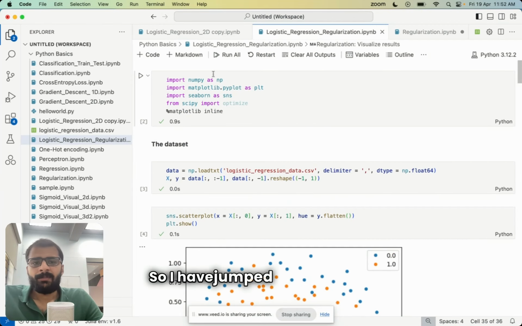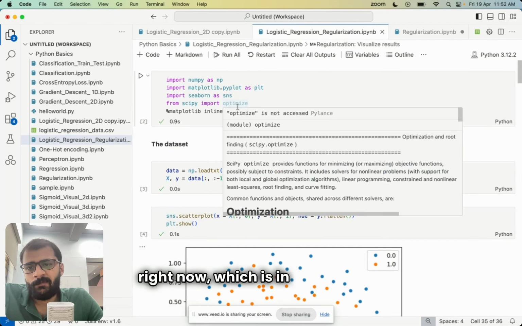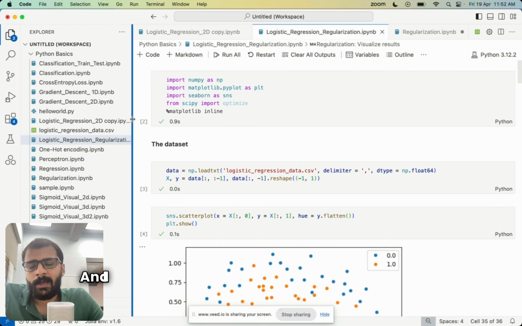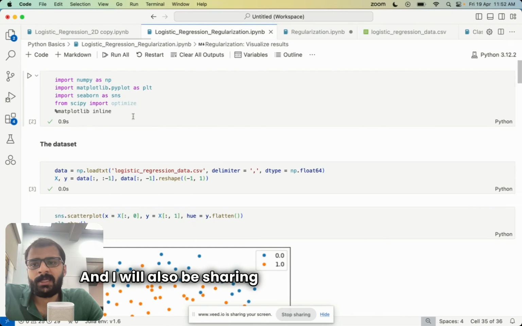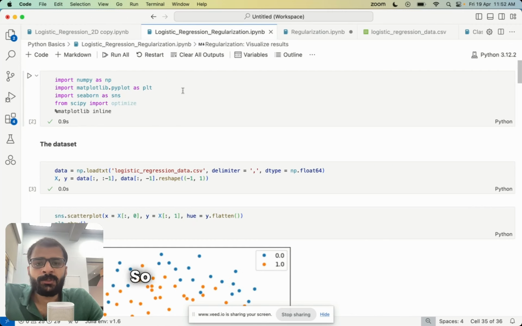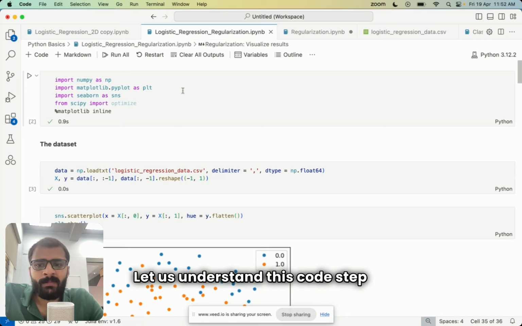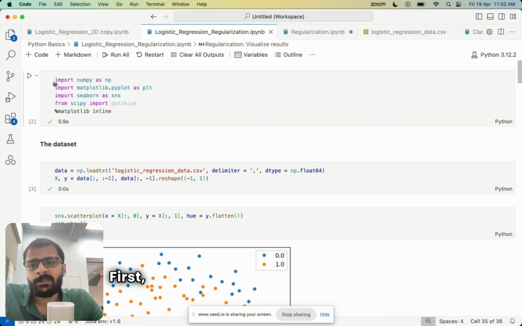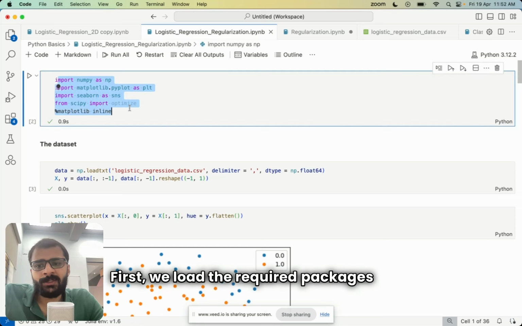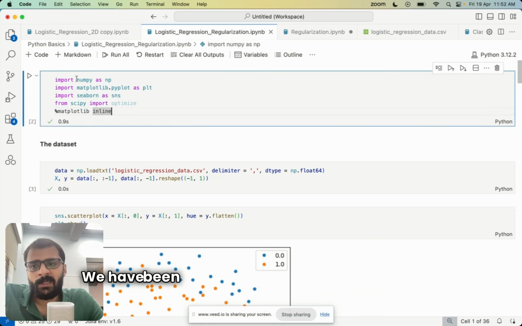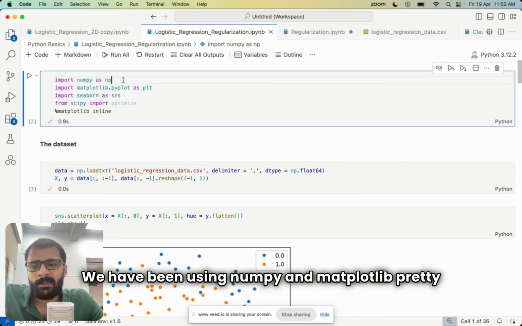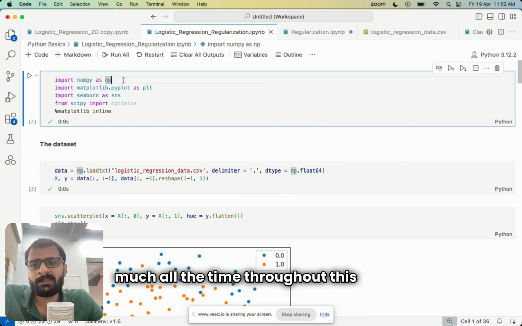Great. So I have jumped into this code right now, which is in VS Code, and I'll also be sharing this entire code with you, so no need to worry about that. Let us understand this code step by step and what we have done. First, we load the required packages. Here, we have been using NumPy and Matplotlib pretty much all the time throughout this series.